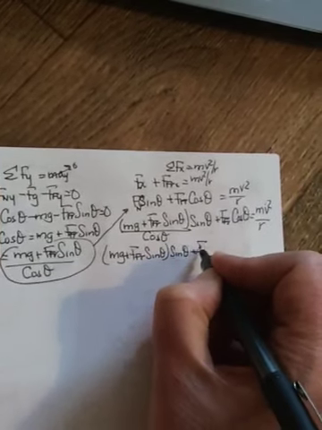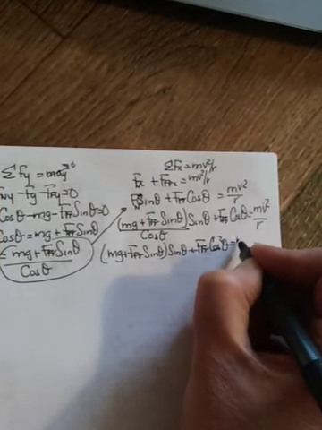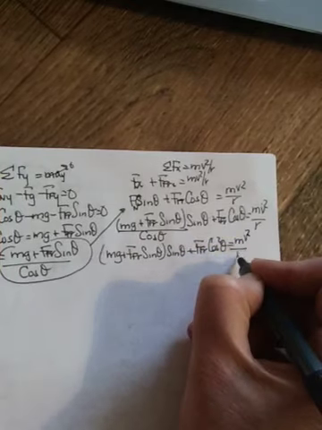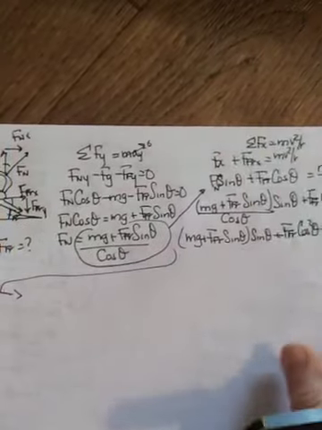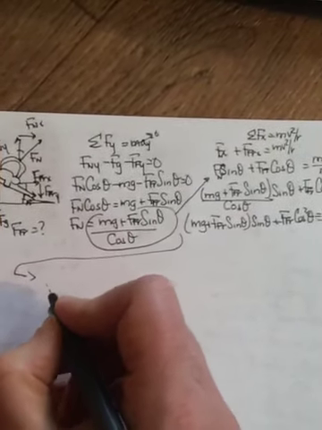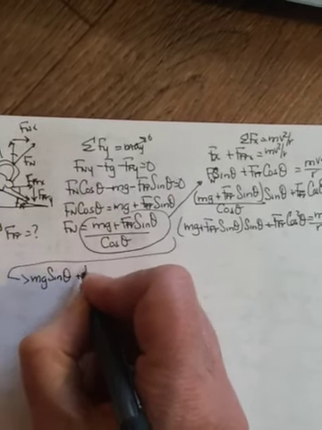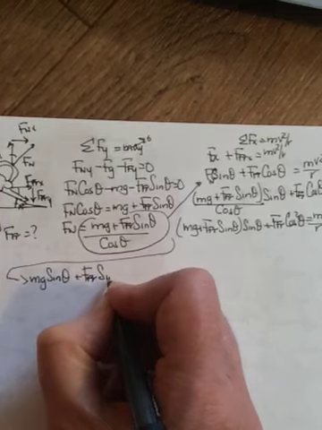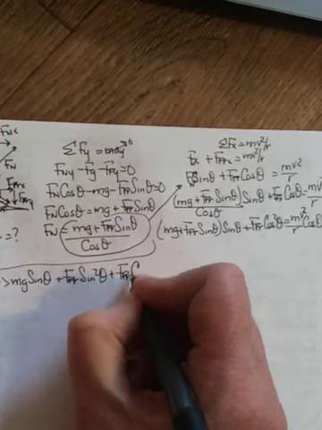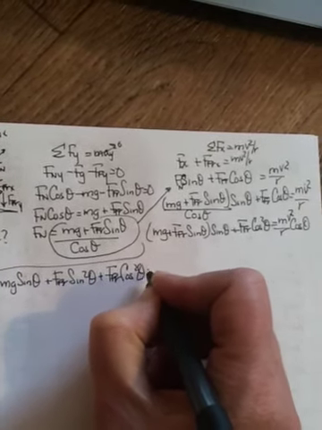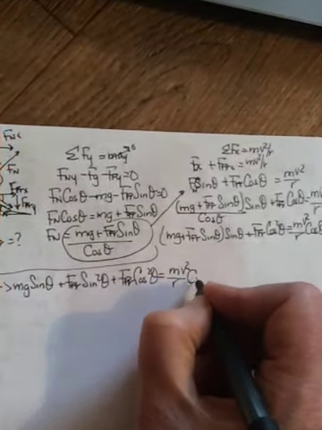Plus, then the FFR cos theta becomes FFR cos squared theta, and that'll be equal to mv squared over r times cos theta. Now multiply through by your bracket. So it becomes mg sine theta plus FFR sine squared theta plus FFR cos squared theta is equal to mv squared over r times cos theta.